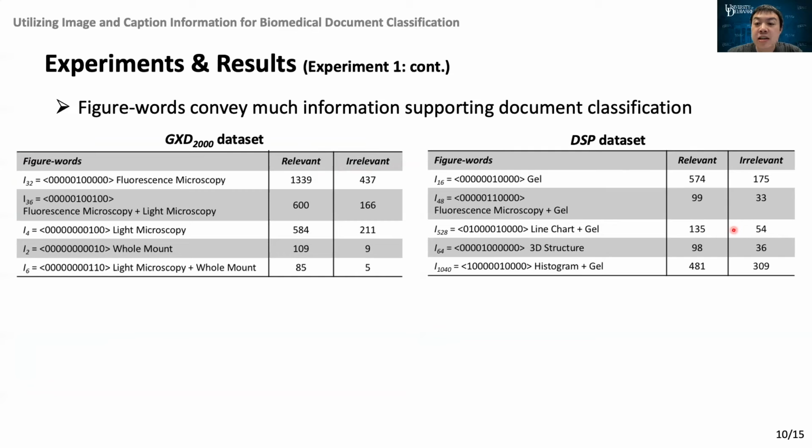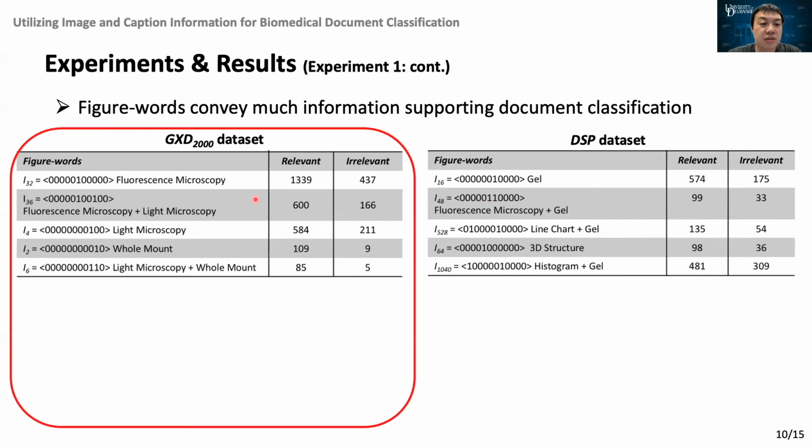In order to better understand the contribution of figure words for document classification, we identify the most distinguishing figure words by ranking them using the Z-score test. This table shows top 5 scoring figure words along with their occurrence in the relevant and irrelevant dataset.